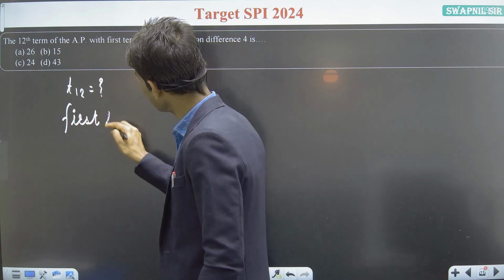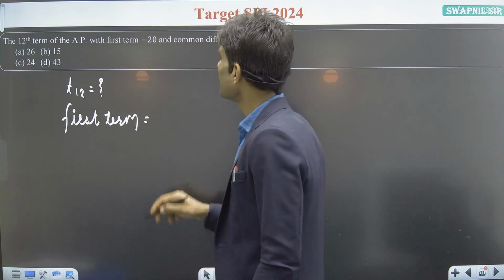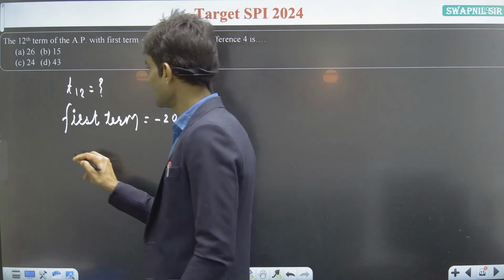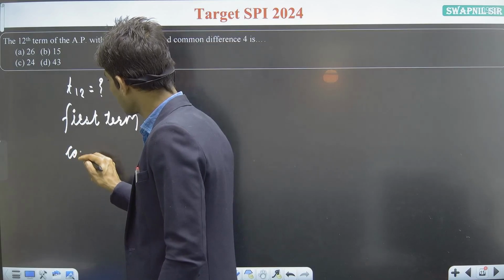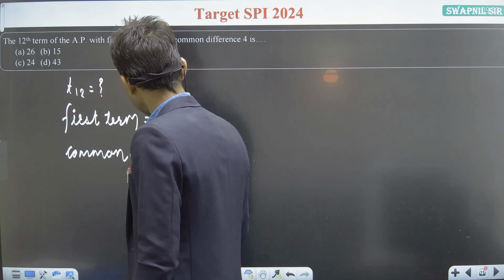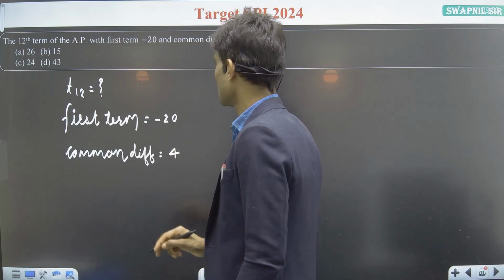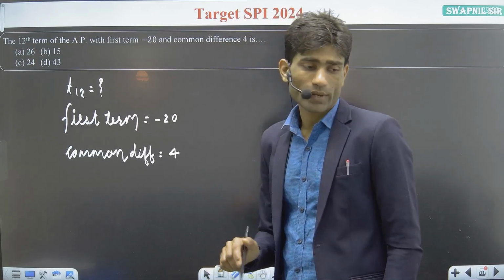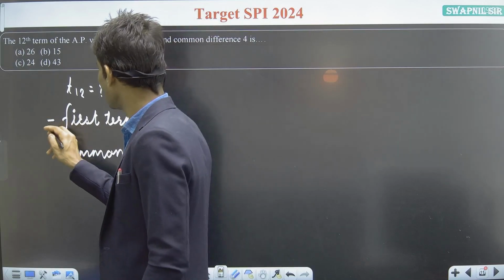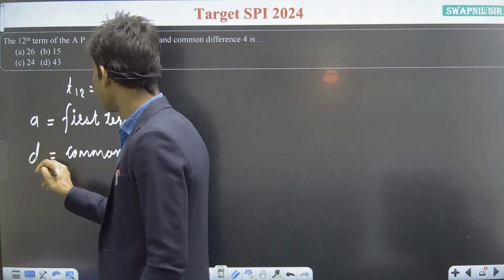The first term is always denoted by A and the common difference by D.